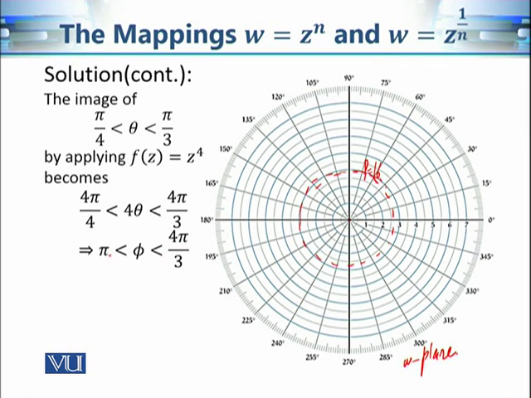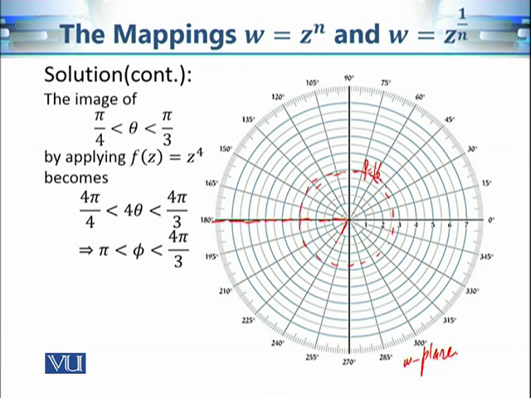And note that this inequality is strict, so that's why phi is not equal to pi and phi is not equal to 4 pi by 3. Okay, so in other words, this ray is dashed and it is not included in the image. And if we convert this into degrees, then this is basically 240 degrees.